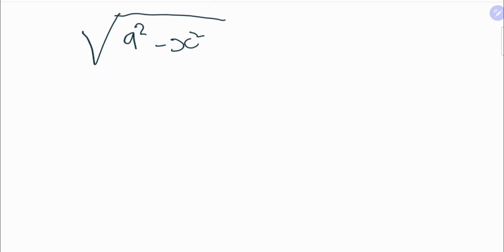If you see this in your equation or integral, then you just substitute x with a sine theta.